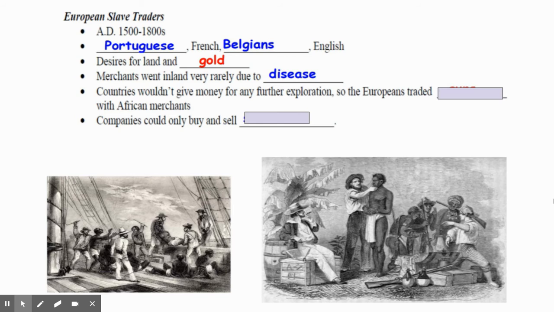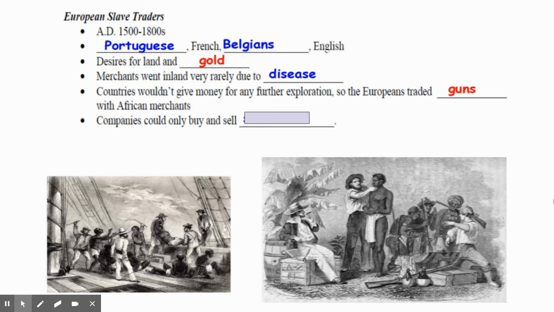A lot of times they would use individuals who were Africans themselves to go in and do their dirty work and then bring them back to the coast where they could be processed and put onto these slave ships. Countries wouldn't give money for further exploration, so Europeans eventually traded guns with African merchants, and obviously that provided an advantage for some tribes.